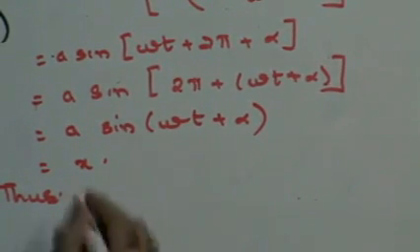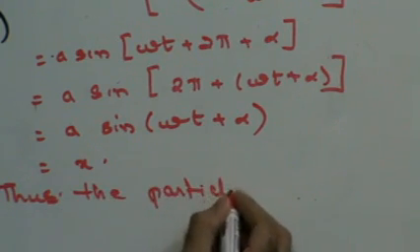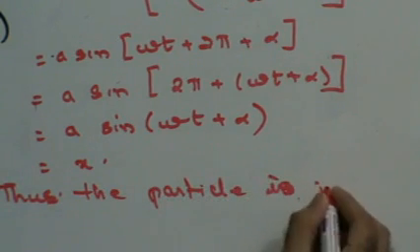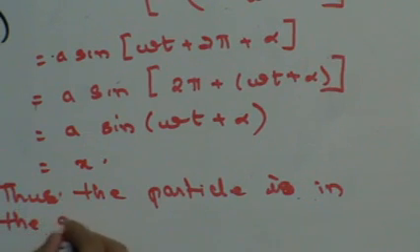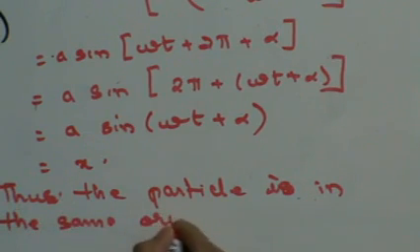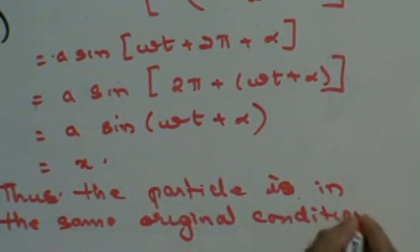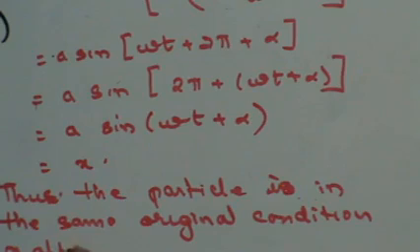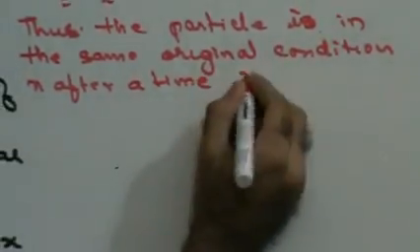the particle is in the same original condition after a time of 2 pi by omega. That means after this much time the particle will be in the same original condition.